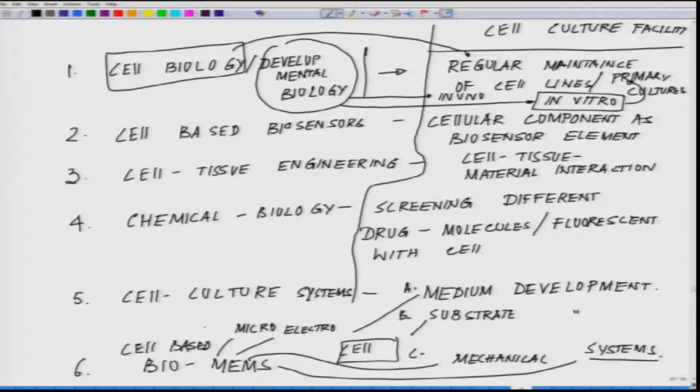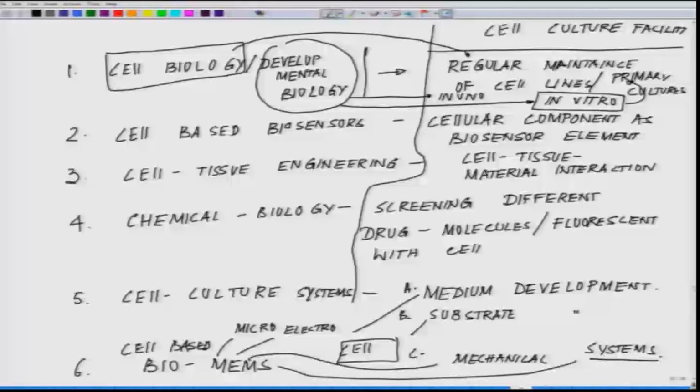So, there are cell based biomems structures being developed, and the history goes back to things like Campenot chambers. We will come later to what those different aspects are, something like modified Campenot chambers and several other things. People work on biorobotics and all those areas.